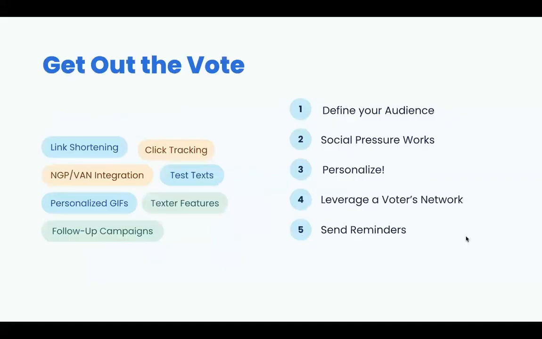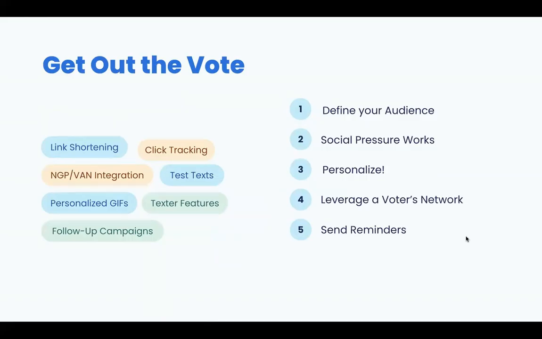Because today's webinar is all about GOTV organizing, we want to start by sharing some top-level tactics that have been proven to help mobilize voters and turn them out to the polls. The first tactic is to define your audience. Are you reaching out to folks who have interacted with your campaign before at events? Or are you pulling a list from the voter file of registered voters in your county?